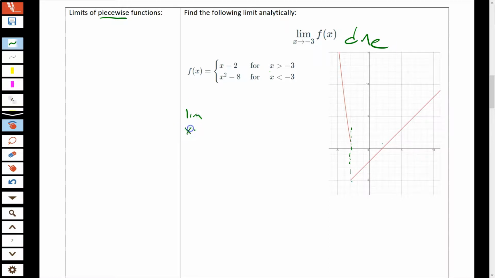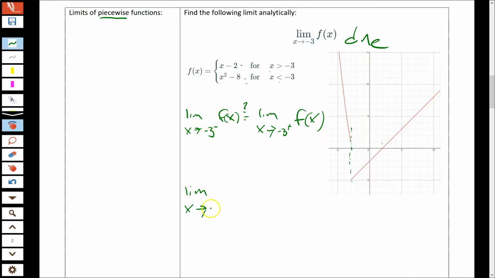Well, we want to know: is the limit as x approaches -3 from the left of f of x equal to the limit as x approaches -3 from the right? The way we do that is we use these two different formulas. Notice x less than -3, that's my left-hand piece, right? I'm going to put a question mark here because we don't know if these are equal or not, that's what we're checking.